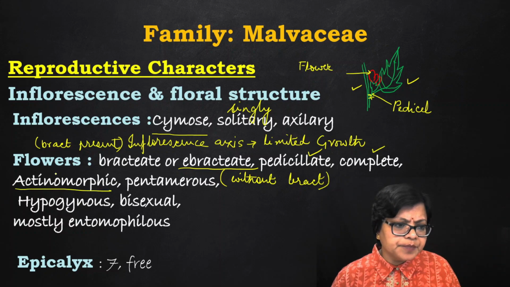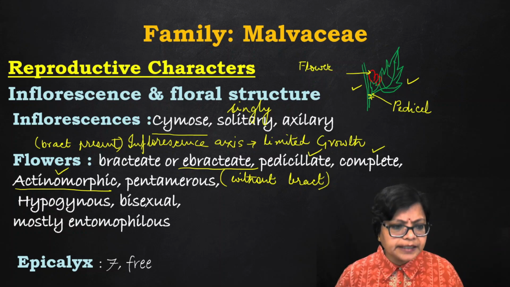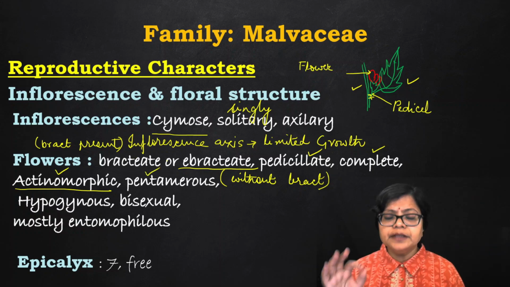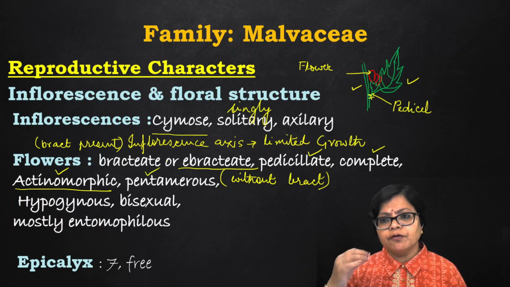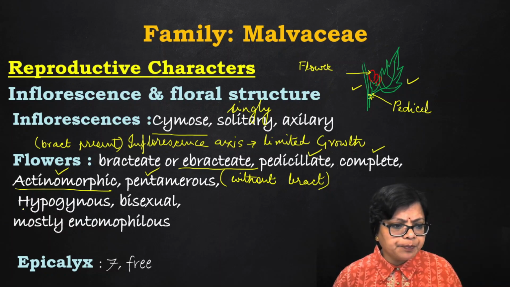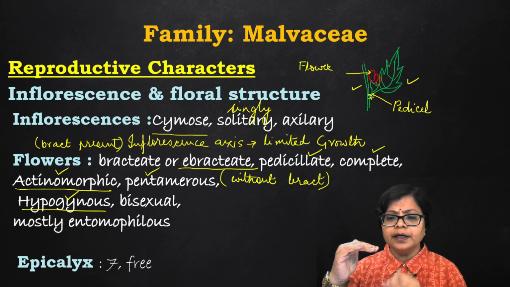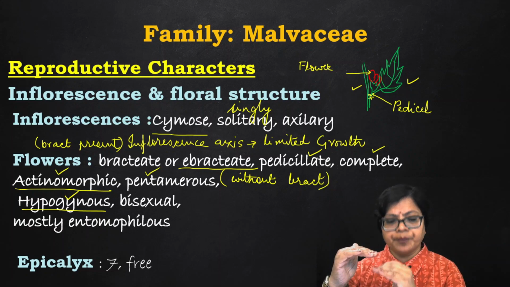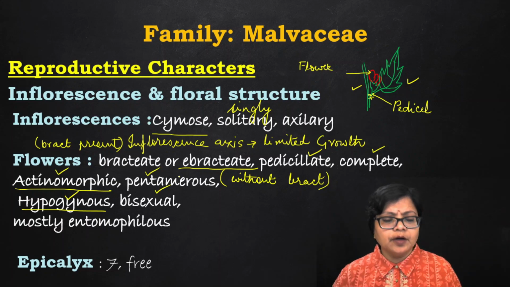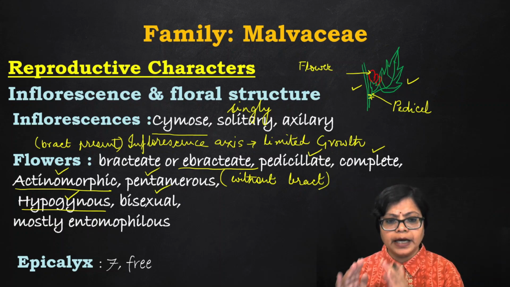Actinomorphic means the flower can be divided into many equal halves if the plane passes through the center. Pentamerous means in each whorl the number of the members may be 5 or the multiple of 5. Hypogynous means ovary superior and below the ovary calyx, corolla, androecium present. Bisexual means both male whorl androecium and the female whorl gynoecium present.